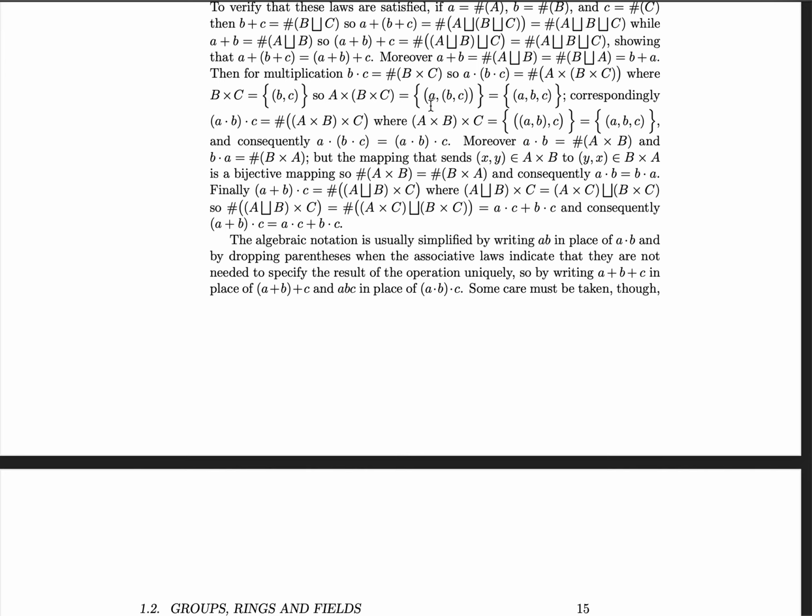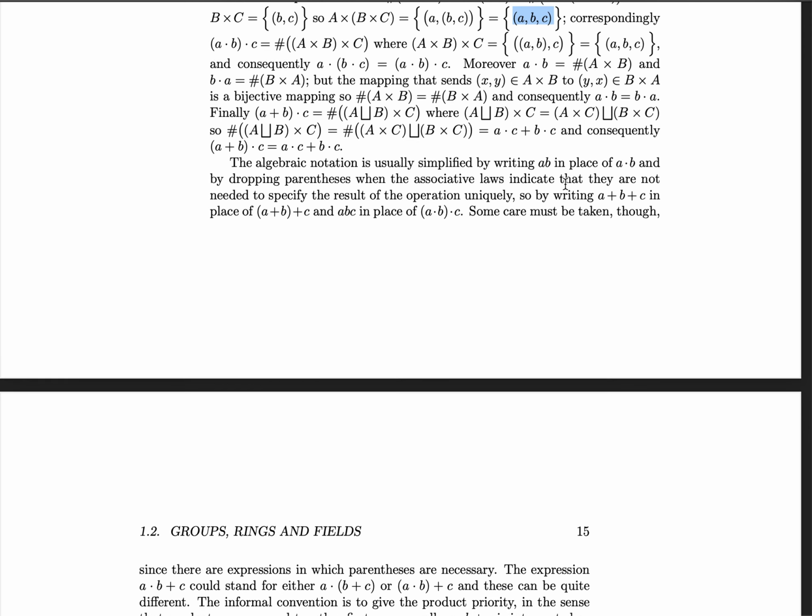These Cartesian products don't really care about if the first element is one element and the second element is a pair of elements, namely, as we have in this case, a comma the object (b, c), and we just call that (a, b, c). It's bijective to that. And then we can do the same thing with (a times b) times c, which is the cardinality of A Cartesian product B Cartesian product with C.